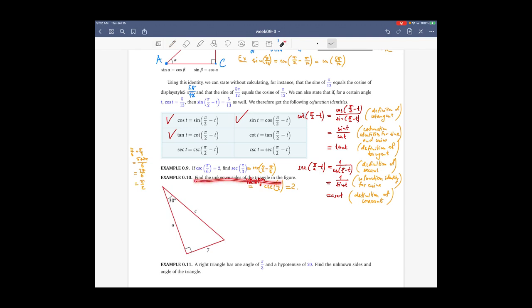In this next example, we need to find the unknown sides of the triangle shown in the figure. So we are given that the triangle is a right triangle. One of the acute angles is 30 degrees. The opposite leg to that angle is 7. So we need to find the sides AC.